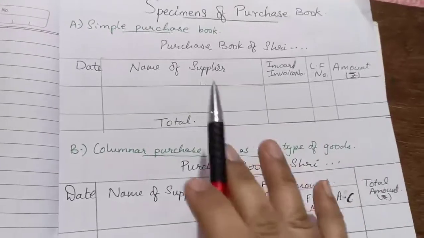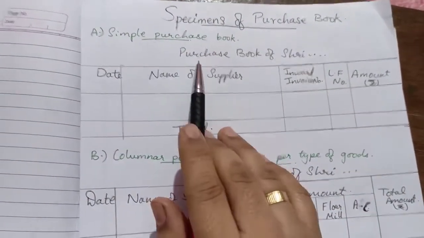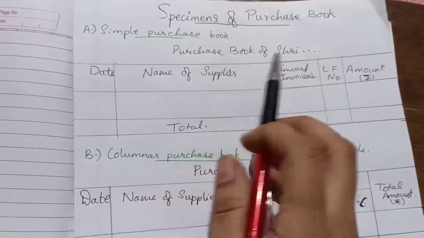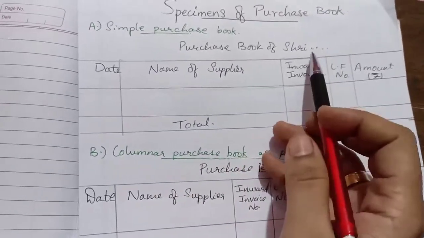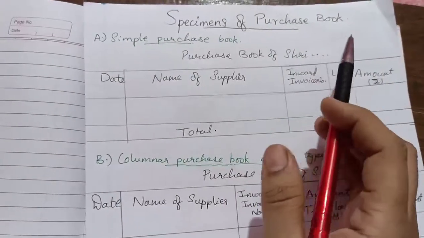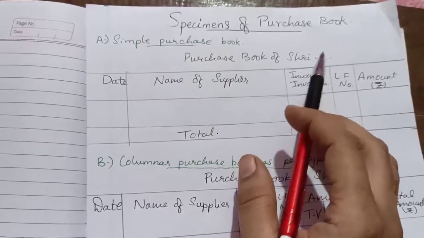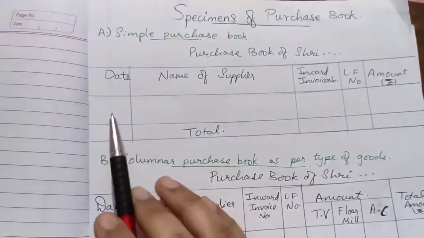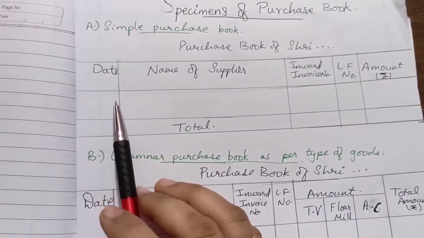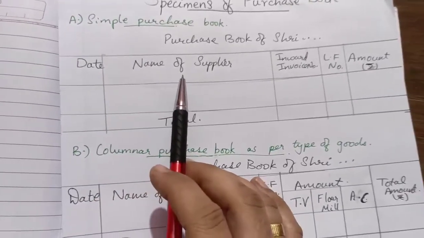Now here is a specimen of a simple purchase book. First of all, we need to write the purchase book of Shri whatever. If it's Mr. Raman Lal, whatever the name of the trader is, it has to be written over here. Then in the first column we have to note the date. The second one is the name of the supplier.